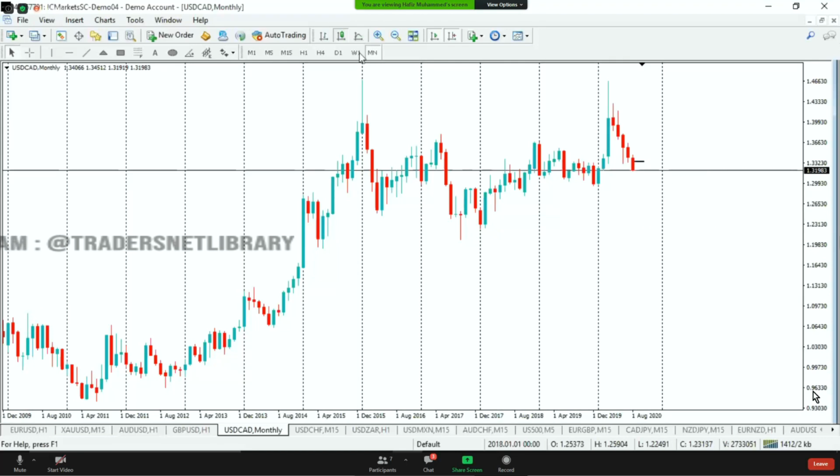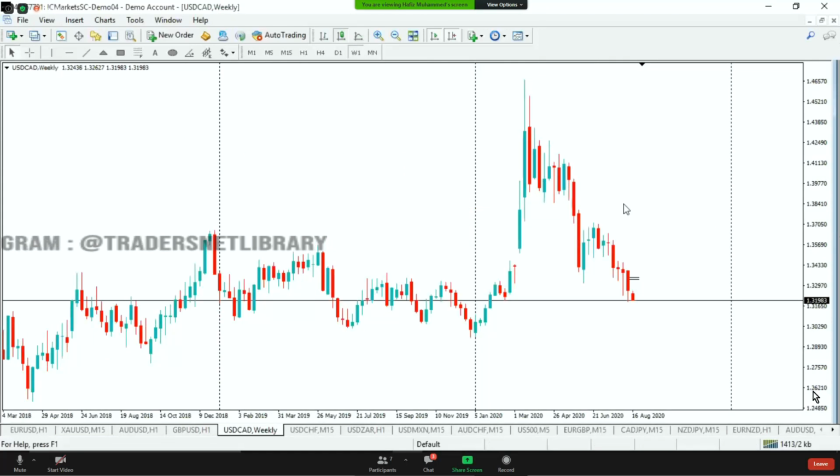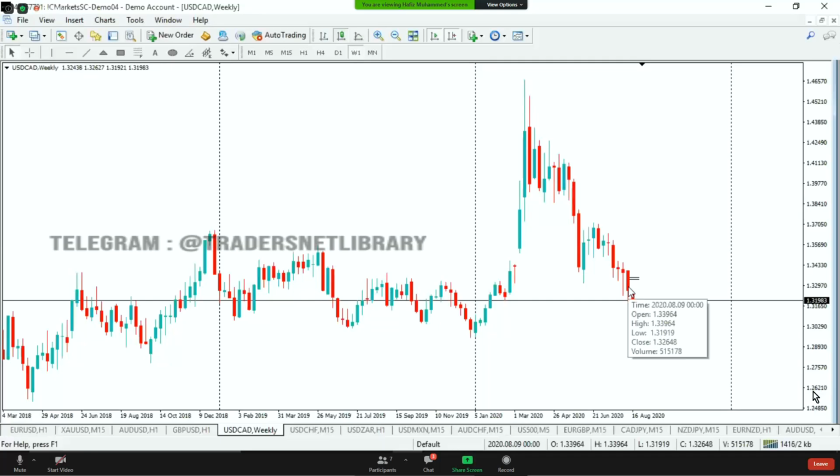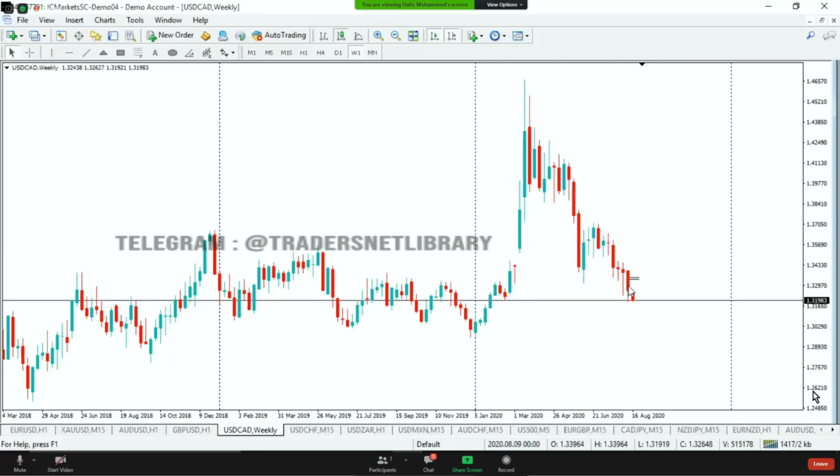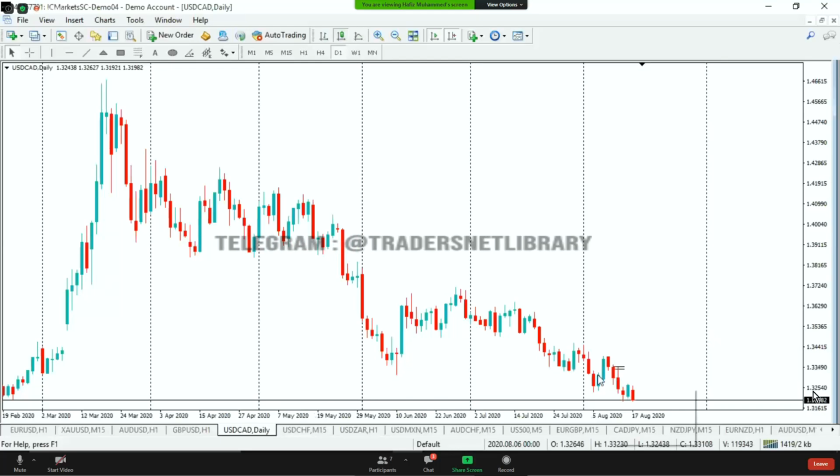So you go to the weekly, you're seeing red candles, right? The last week's candle was bearish, right? So what is your aim? To catch the highs of the previous day, right? Before the market marks down, you have to catch the highs of the previous day before it goes down.